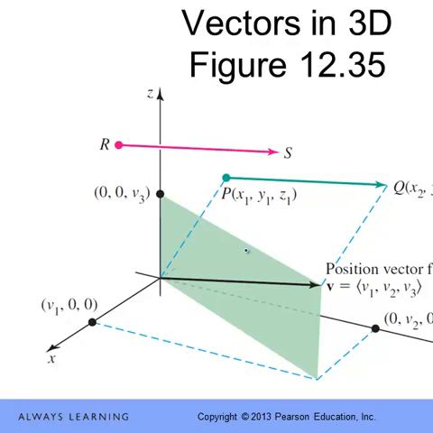And any other vector that is in the same direction and has the same magnitude is essentially the same vector. Same direction, same magnitude, it's really the same vector. Here we have vector r to s.